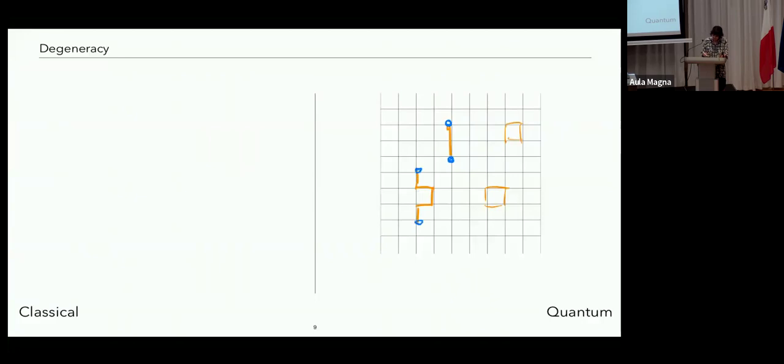And this is not something that happens in classical coding theory, because following the same notation that I used before, where bits are edges and checks are little circles, each error has exactly one and only one syndrome.